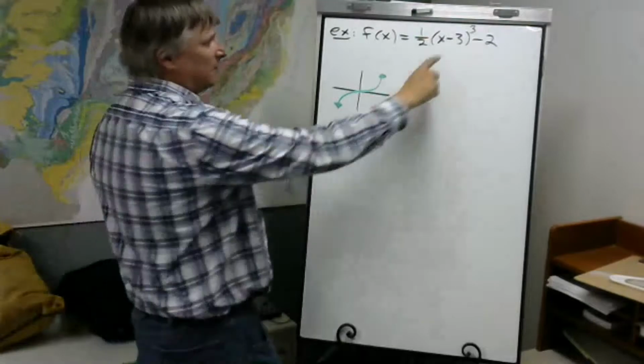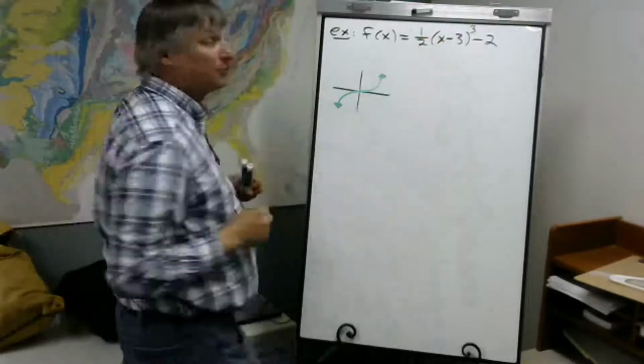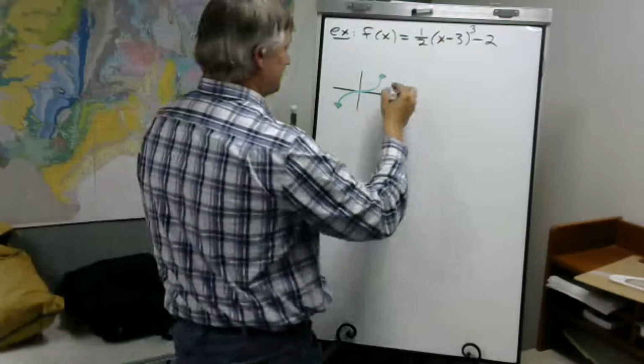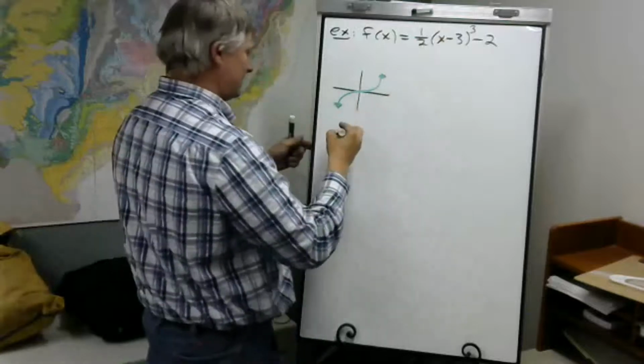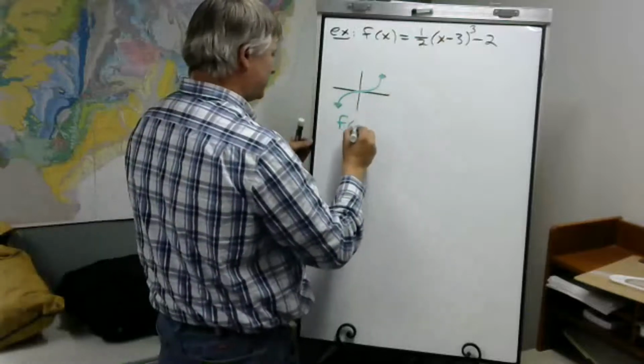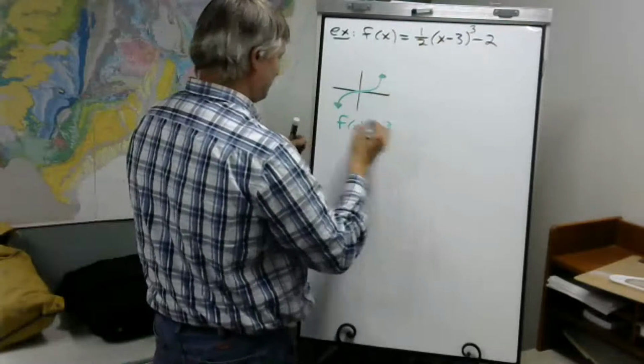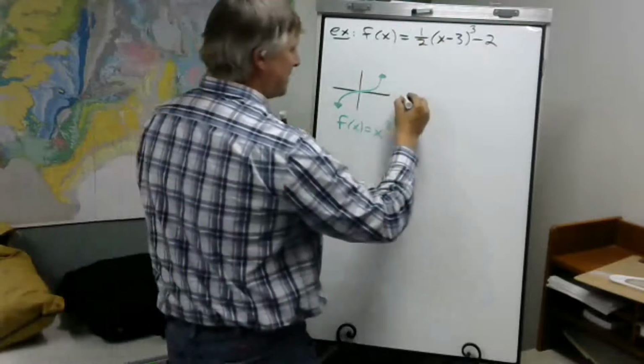So first off, we have a horizontal shift. Keep track of where our function is at. So let's take care of that first.